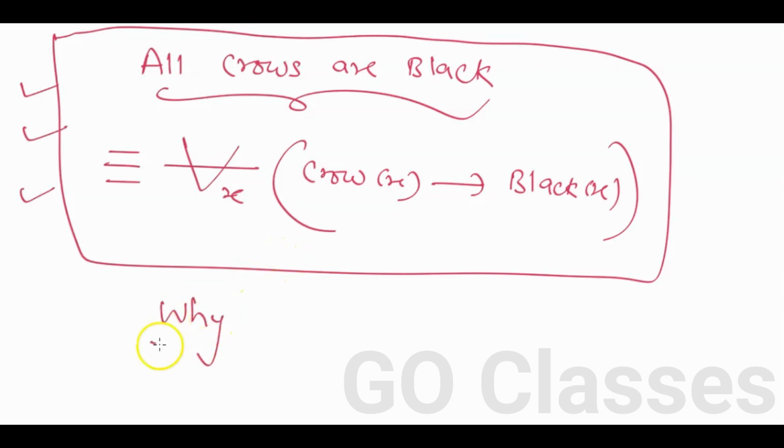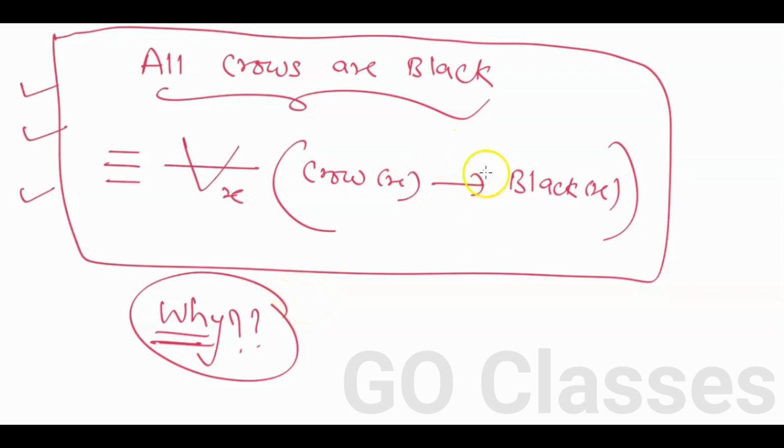So you don't have to learn it by heart. Many people memorize that with the universal quantifier we use implication. But now you know why this is correct. Why we use implication with the universal quantifier. So this is the reason. I have given you the proof, and I have also told you why other expressions are not correct.